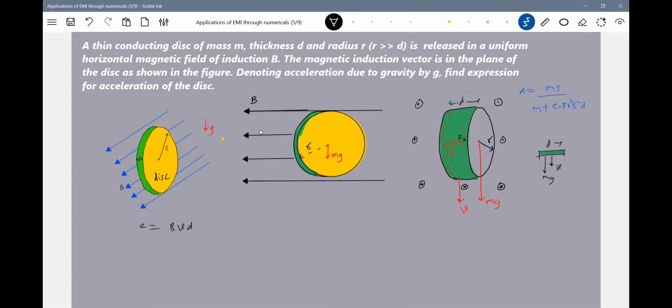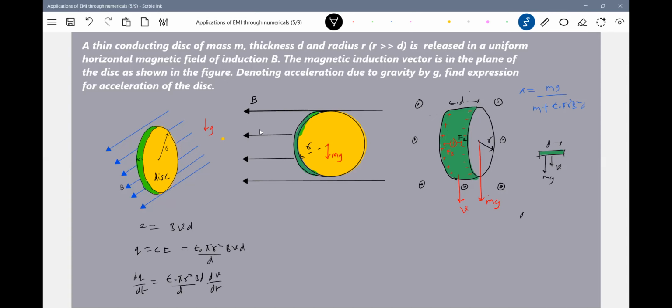Then the faces of the disc will behave like a capacitor. Q equal to CE. What is the capacitance of this? Epsilon naught pi r square by d, into BVD. This I'll differentiate. dq by dt equals epsilon naught pi r square B d, dv by dt.